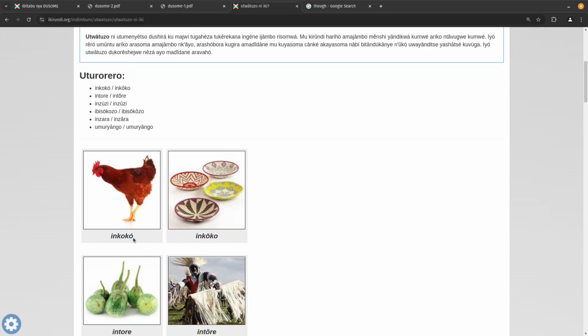Inhoko means a rooster, in this case, a chicken. And inhoko is something completely different. This is like traditional baskets. You'll often see this during weddings, or if you're in someone's home from Burundi or from Rwanda, you will find these.